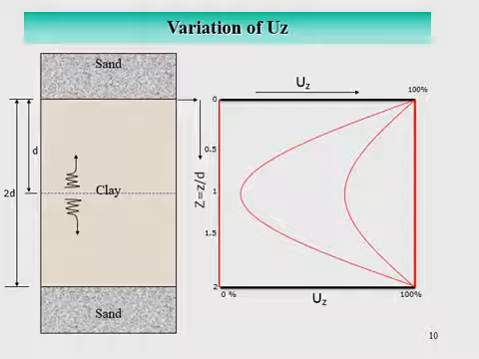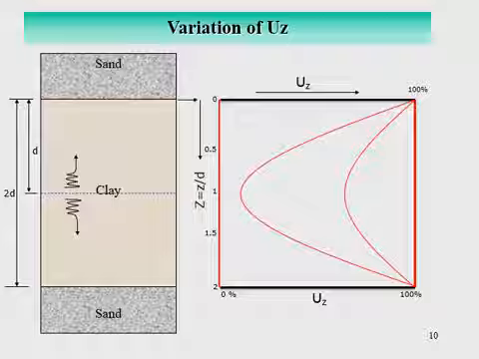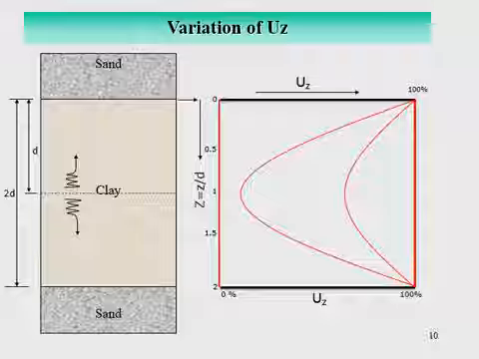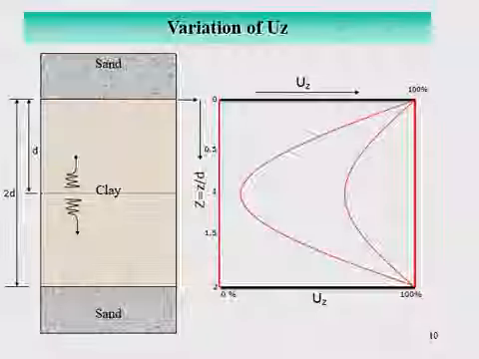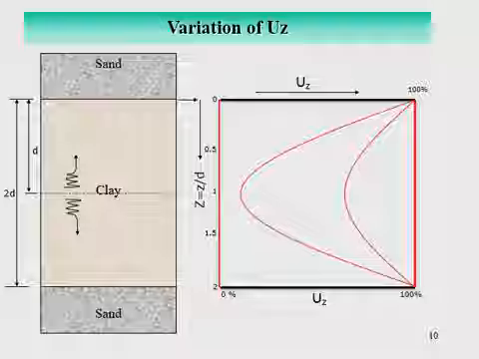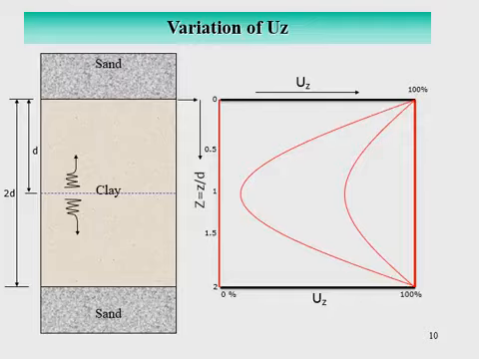When Z is equal to 2D at the end of the clay layer, 2D by D is equal to 2. So we have normalized the dimension here. 1 represents the center, 2 represents the end, the bottom of the layer, 0 represents the top of the layer, and these are the middle values. And these are the same isochrones.